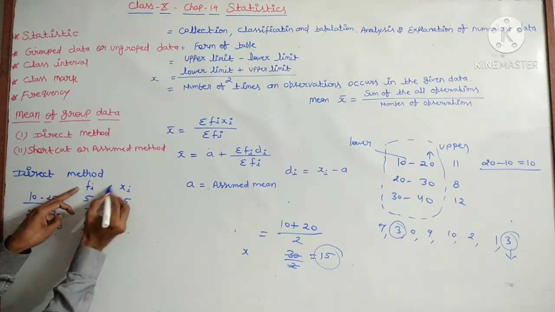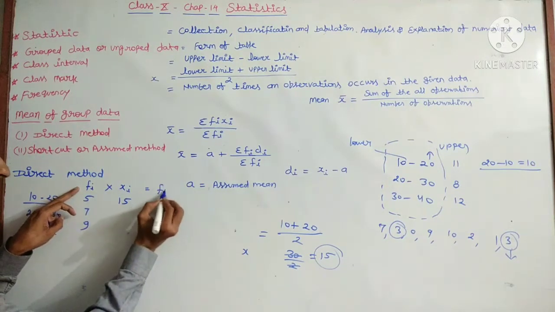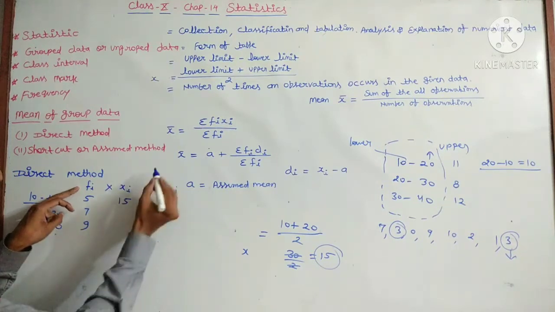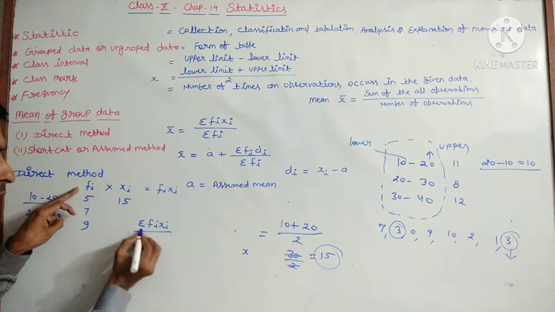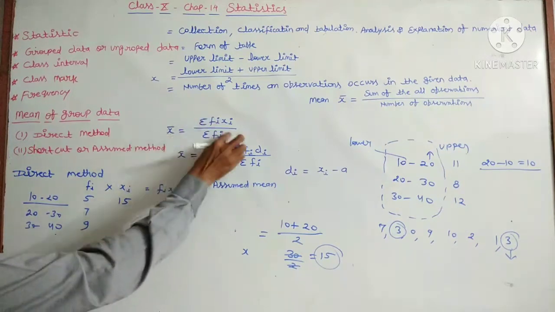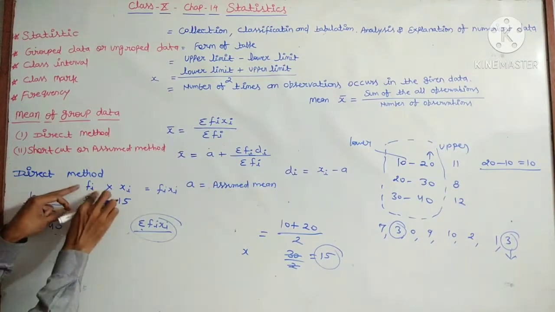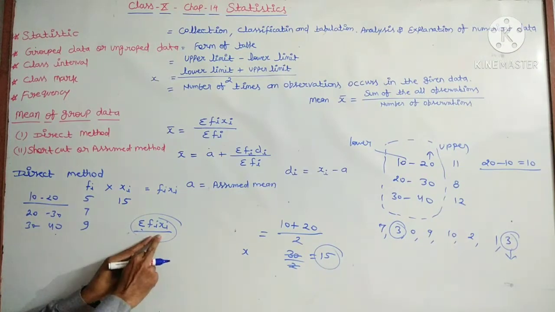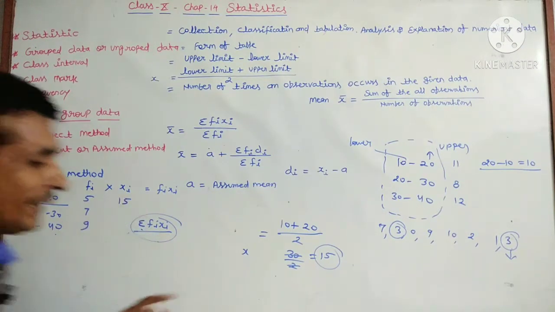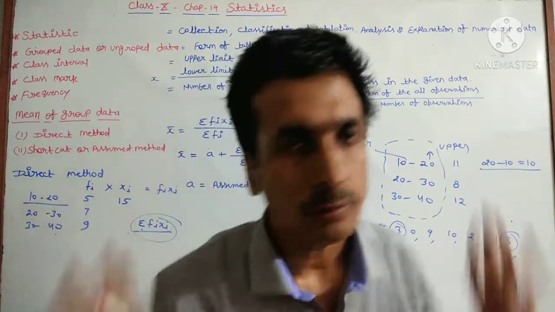After multiplying you will get fi into xi, and after adding, this one is sigma fi xi. Then divide by sigma fi, which means the sum of all the frequencies. So you will get the mean by this direct method.